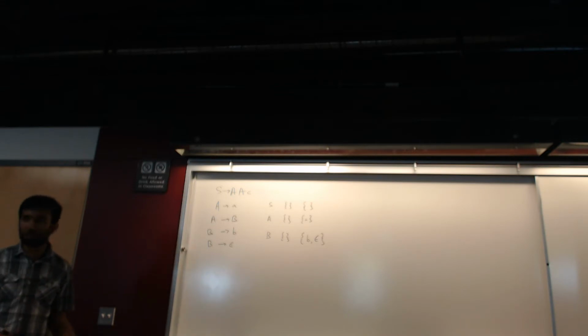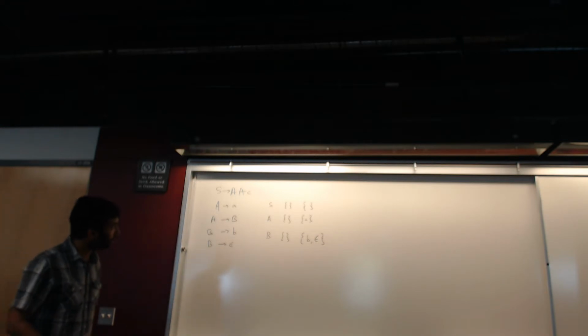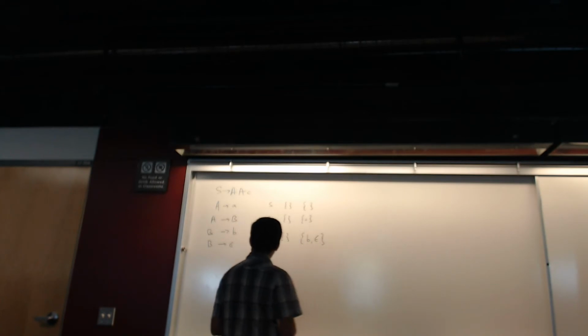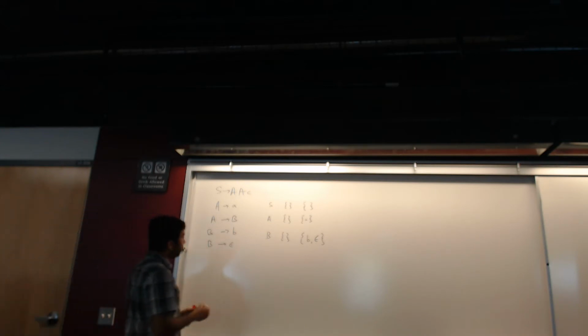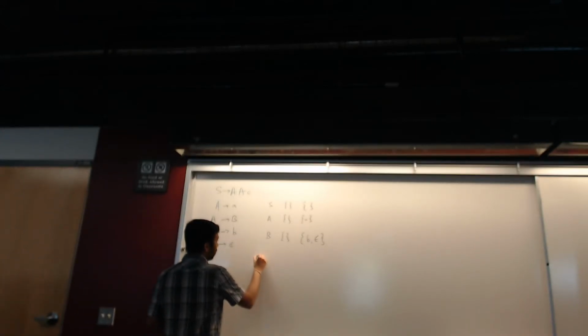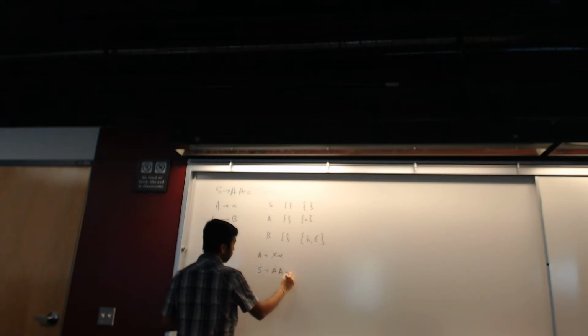Do we go one more step? Yes, because something changed. So let's go one more step and let's see S again. We cannot apply rule 1, we cannot apply rule 2. Can we apply rule 3? So again, how do we apply rule 3? The rule is A goes to X alpha, and we are trying to apply it to the rule S goes to AAC.